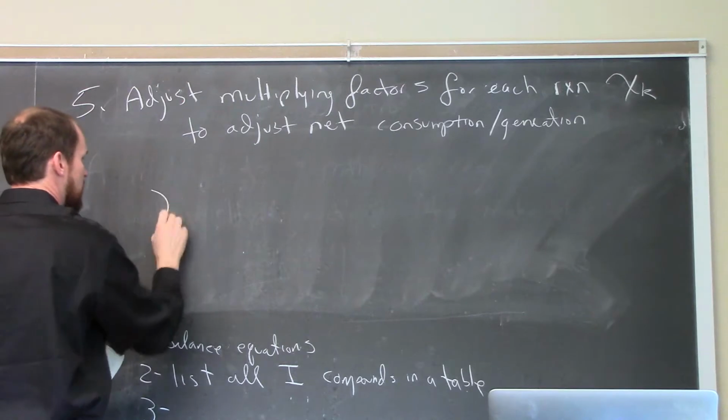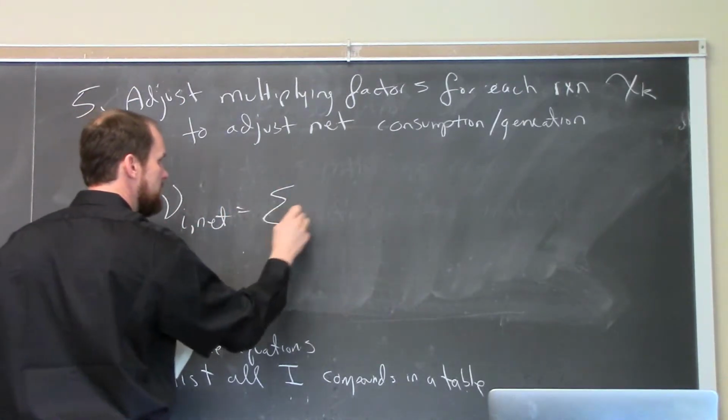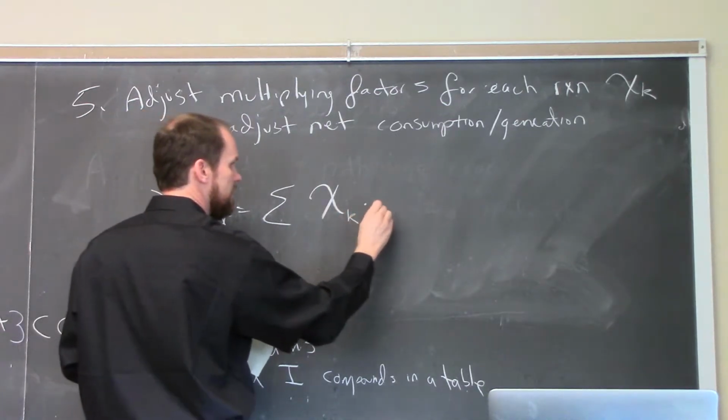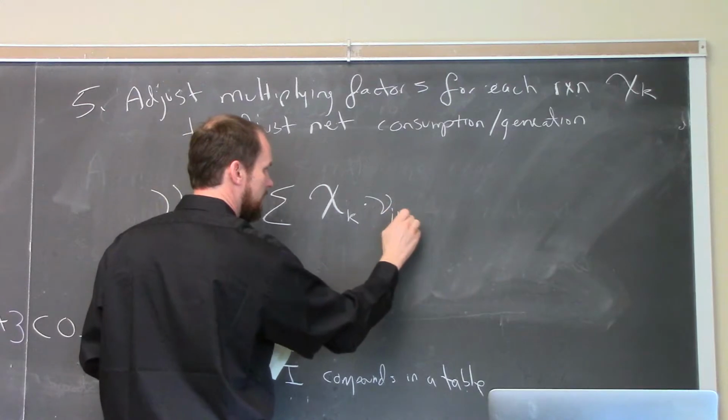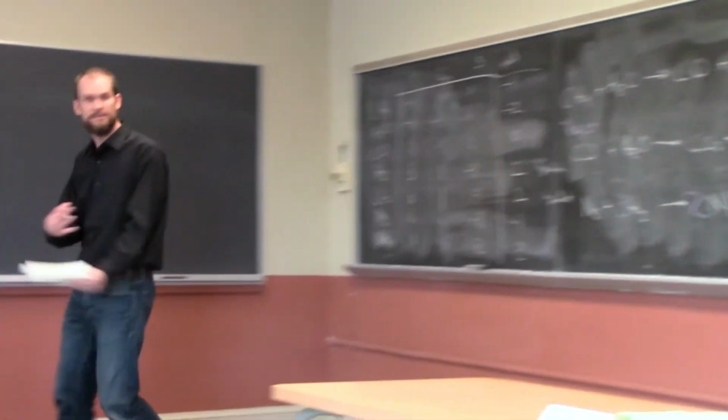So we're going to change our equation here. V_i net equals a sum of a multiplying factor chi k times mu_i k. Because each of these reactions stands on its own, right? I can run 3 times as much as the bottom reaction if I want to, as long as I get the feedstock.